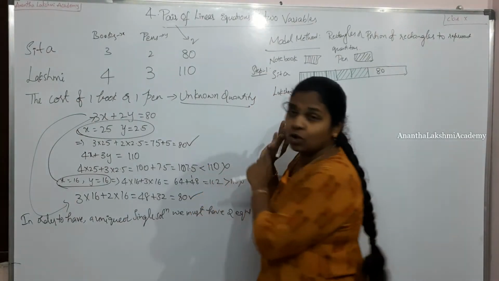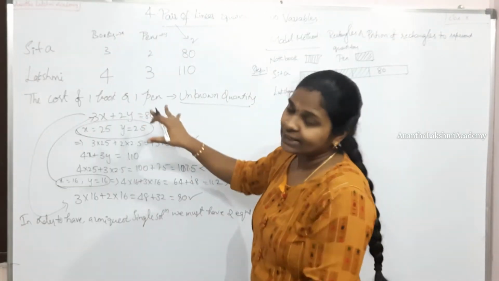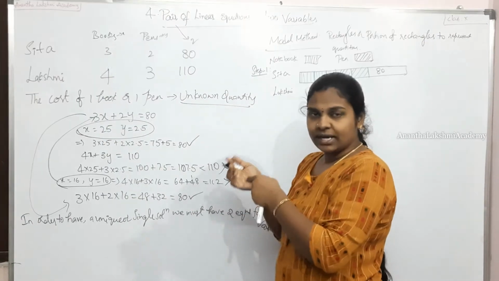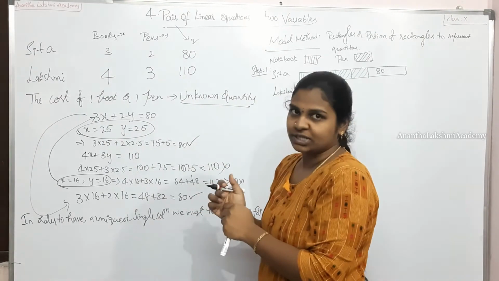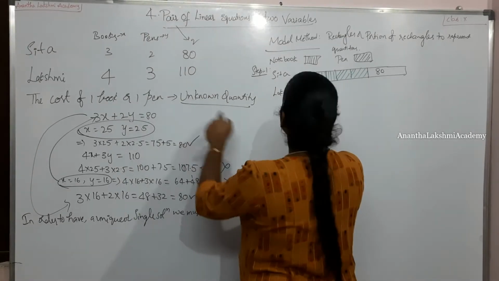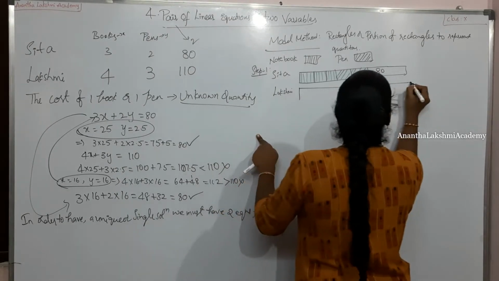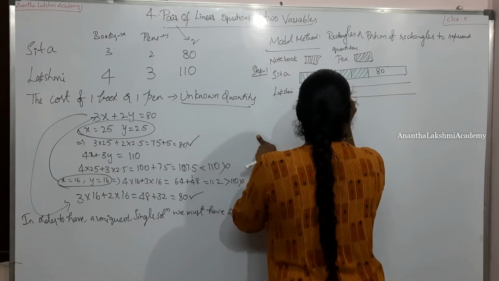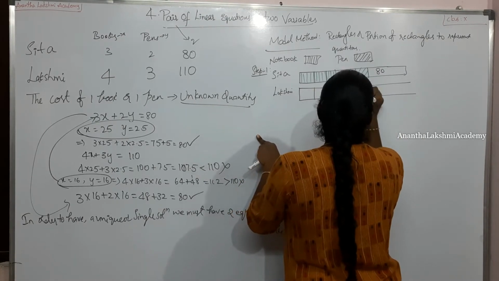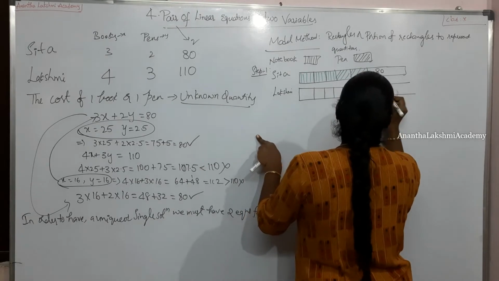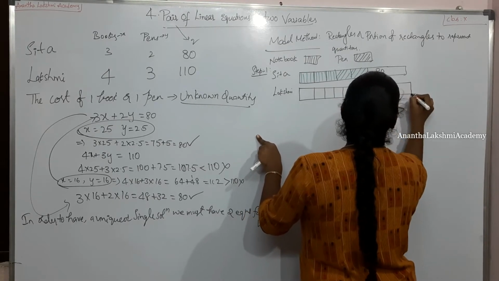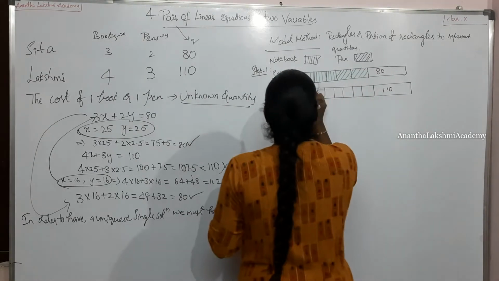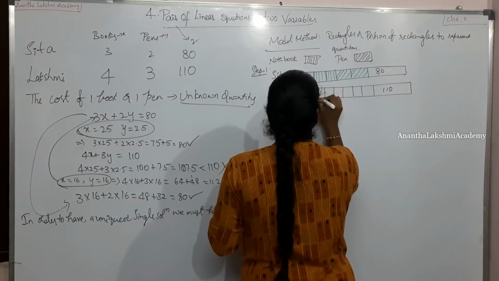So the first thing in the model method is that whatever quantities we have, we put them into rectangles or rectangular portions. For Lakshmi, it is 4 books and 3 pens, isn't it? So 1, 2, 3, 4 books, 1, 2, 3 pens, and a total of 110. Again, to distinguish, I am going to put this like this.